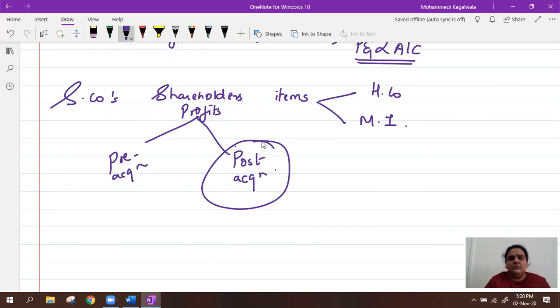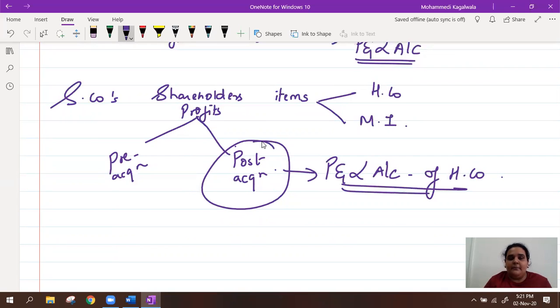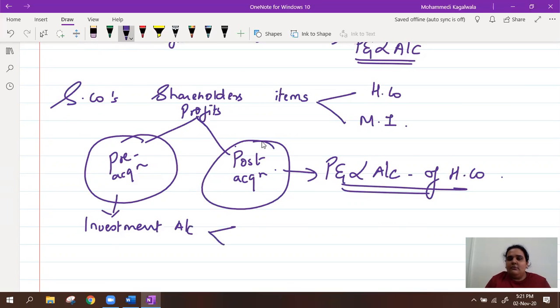If it is post, there is nothing to worry. Directly it will go in my P&L account, the P&L account of the holding company. Post, after the holding company came. But if anything is pre, I'll have to open a separate account known as investment account to check whether I have gained capital reserve or whether I have a cost of goodwill.